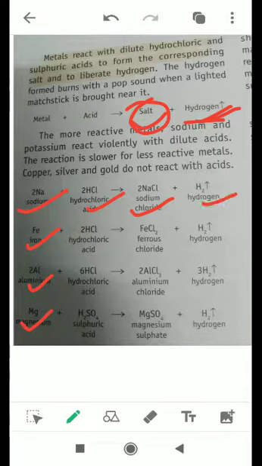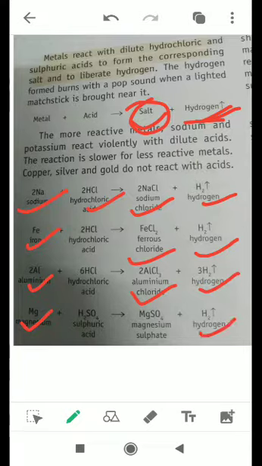Clear? In the same way, when iron reacts with hydrochloric acid, it forms iron chloride, that is salt, and hydrogen gas is released. Aluminium reacts with hydrochloric acid, it forms aluminium chloride and hydrogen gas is released. So whenever any metal comes in contact with acids, it forms salt and hydrogen gas.